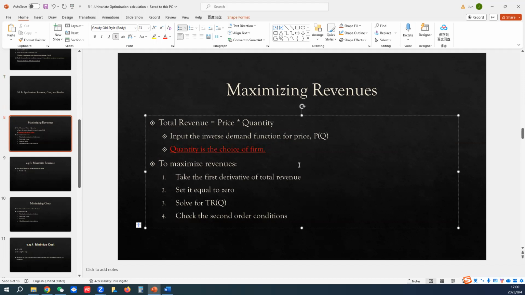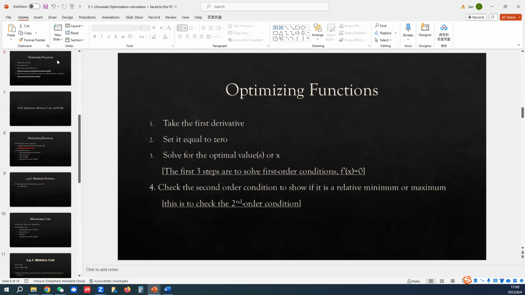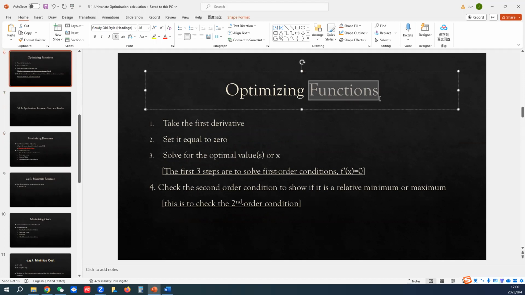So we are actually doing exactly the same thing as we did previously, as we are optimizing functions. The only difference is that previously we were talking about a general function, and here the function is specified as a revenue function. So we're going to follow the first steps, which is to solve the first order condition.